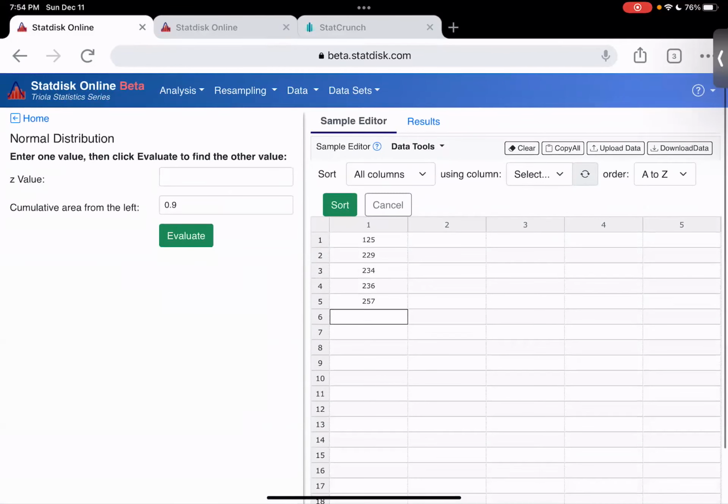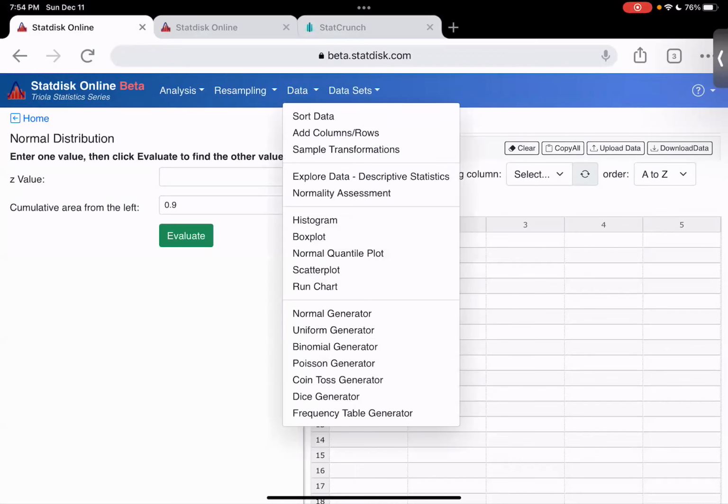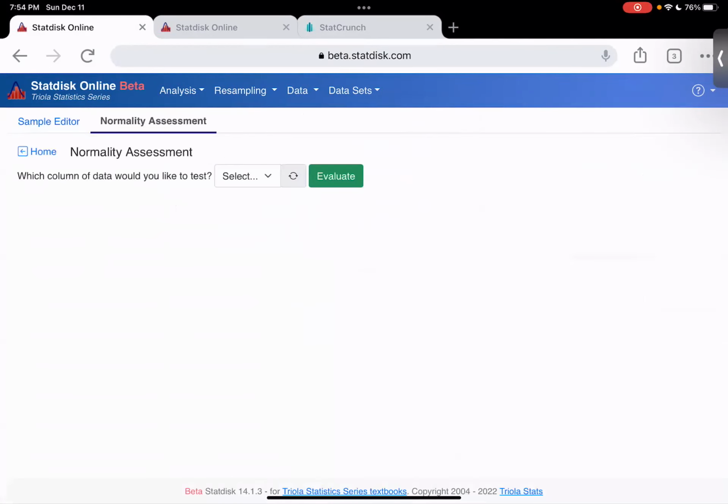Okay, so now come to the data, I believe. Maybe here, normality assessment, which is this one, and then we choose the first one.